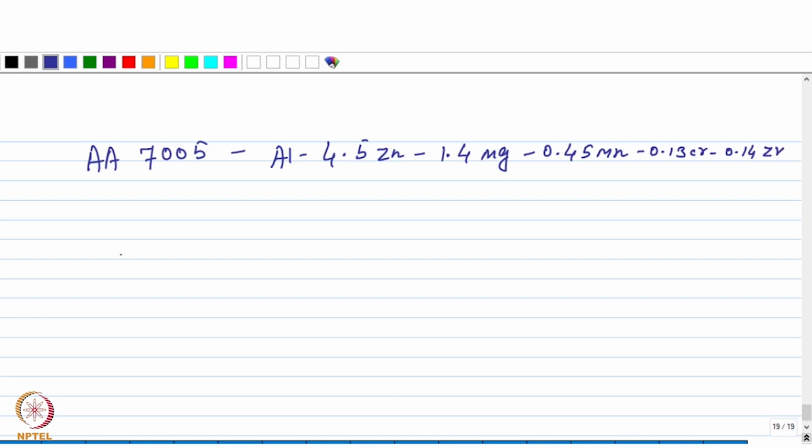This will give you 290 MPa yield strength in T6 condition.